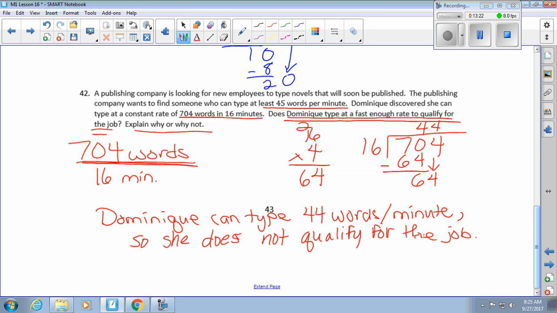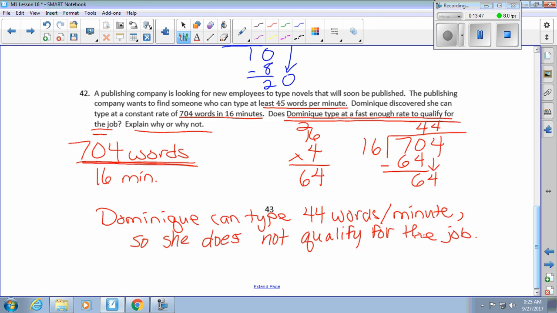Too bad. All right, another way that you could have solved this problem, you know that the requirement is 45 words per minute. So another way you could do this is multiply that times 16 to figure out how many minutes you got, because that would be the requirement, right?